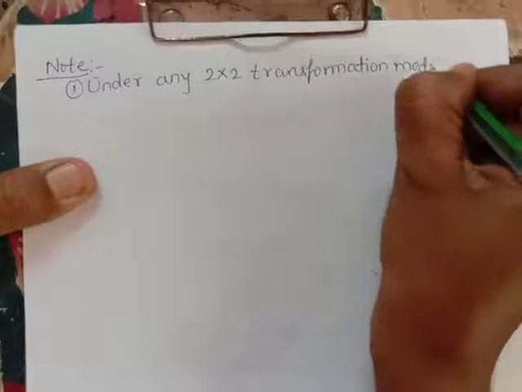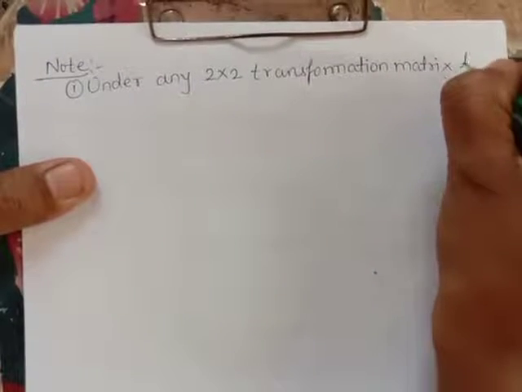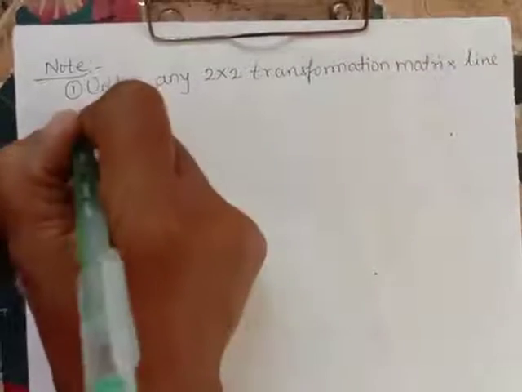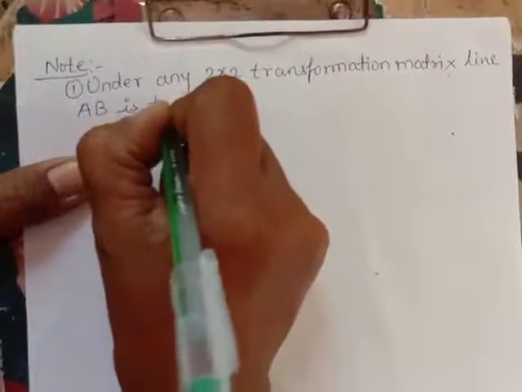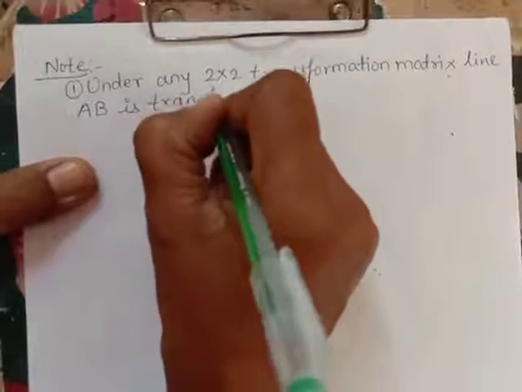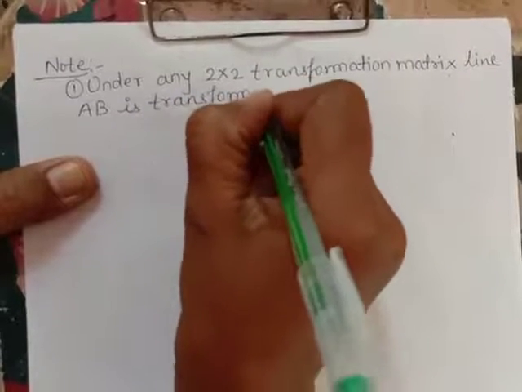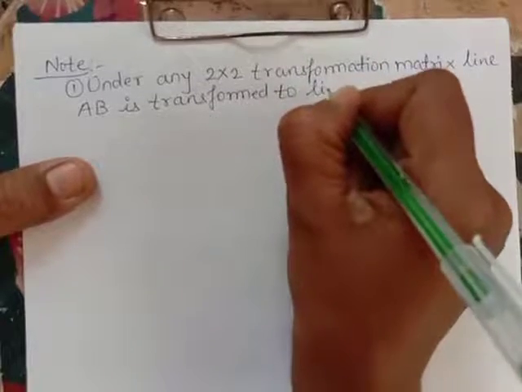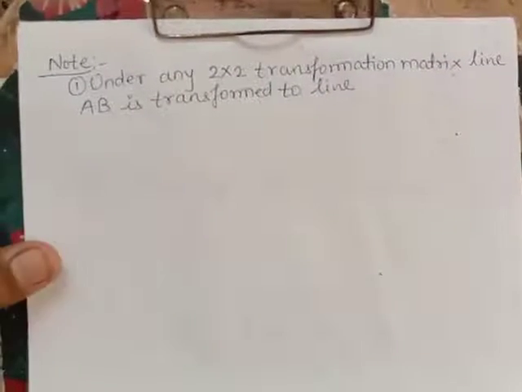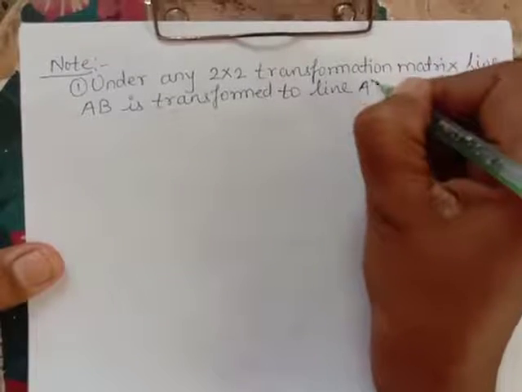Under any 2x2 transformation matrix, line AB is transformed to line A star B star.